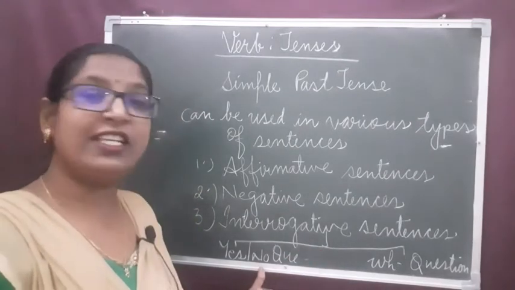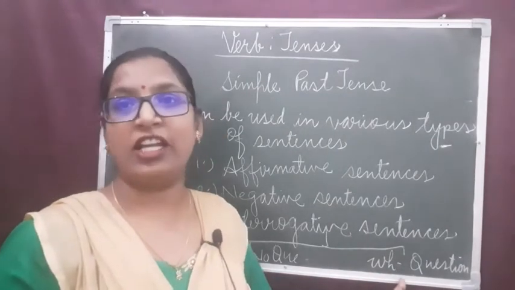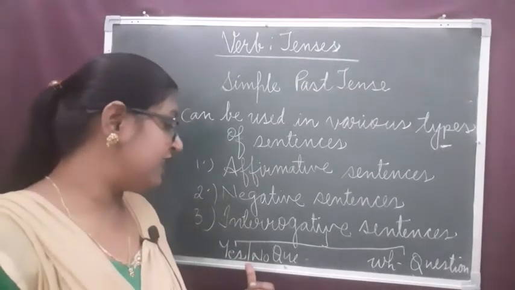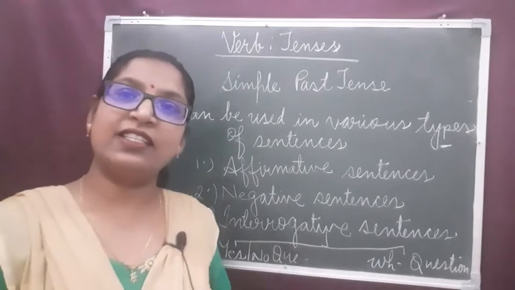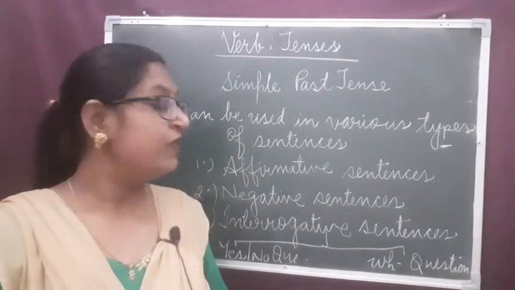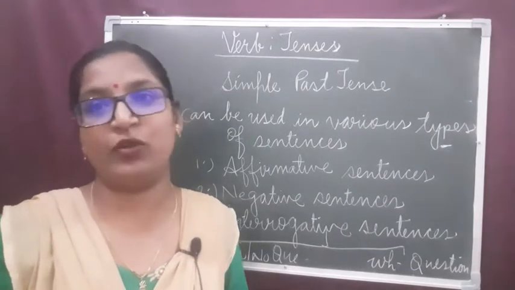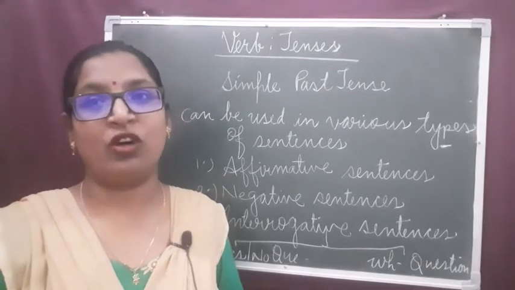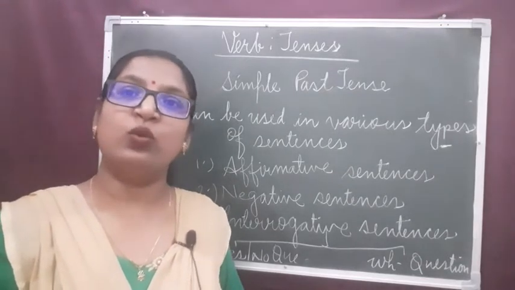The first one is yes/no type question, and another one is WH question. Once again I will repeat, the yes/no questions are the questions whose answer we simply get in yes or no, and WH questions are the questions which begin with WH words. For example, who, what, when, where, why, all these are WH words.